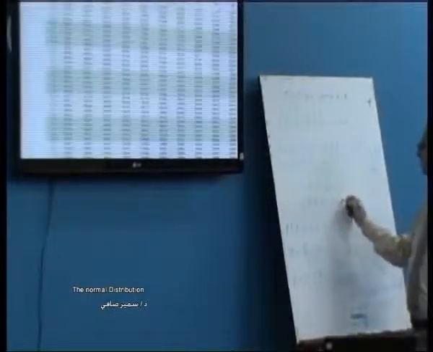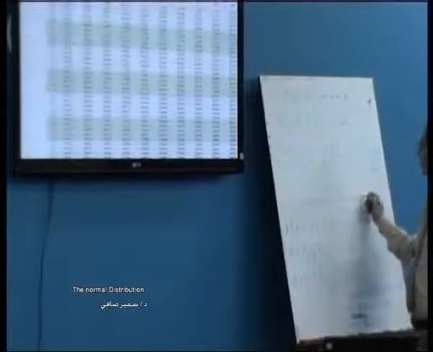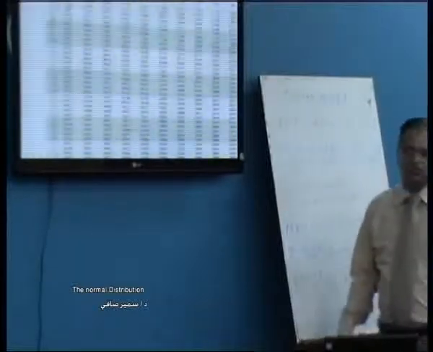So let's take the first value, for example. So my x equals mu plus z, which is 2.05, times sigma 0.8. Multiply 2.05 by 0.8, then add 3.2.